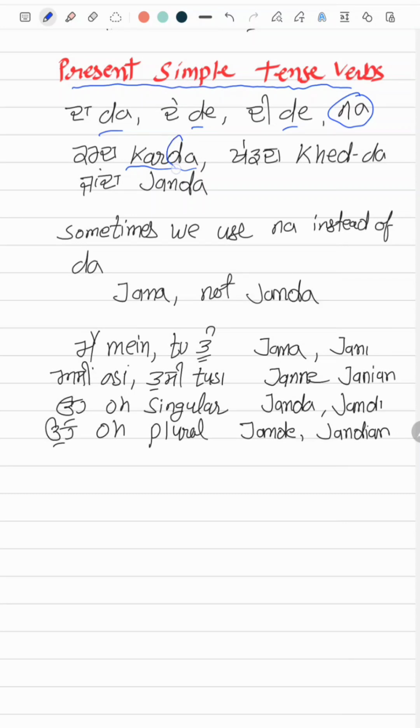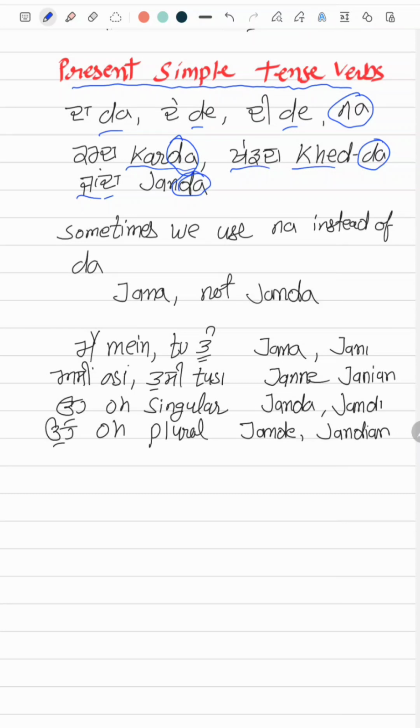Because it's ending with the da sound. Khedda means play: "He plays football. Oh, football khedda." Again, this verb khedda ends with the da sound. Janda: "Oh, gym janda," it means he goes to the gym. Again, it's ending with the da sound. So this is present simple tense.